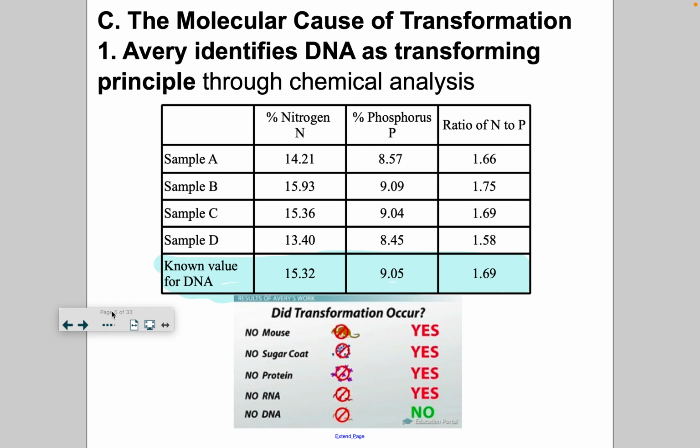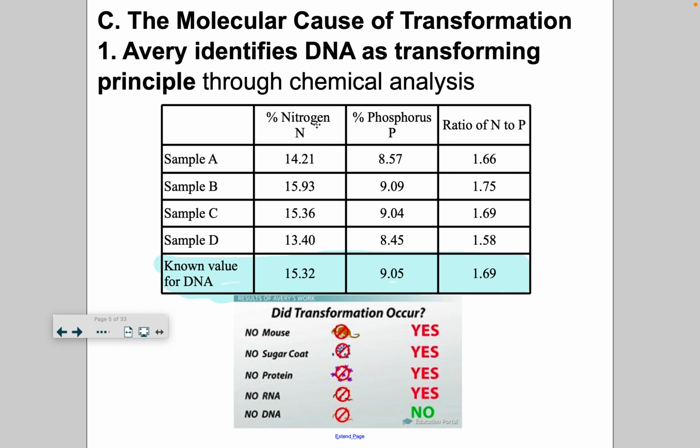So he did more experiments to try to identify DNA as the transforming principle. And one way he did that was through a chemical analysis. For DNA, we basically study the ratio of the percentage of nitrogen to the percentage of phosphorus. And we're going to learn in the next section that DNA is basically made up of nitrogen bases and a sugar-phosphate backbone.